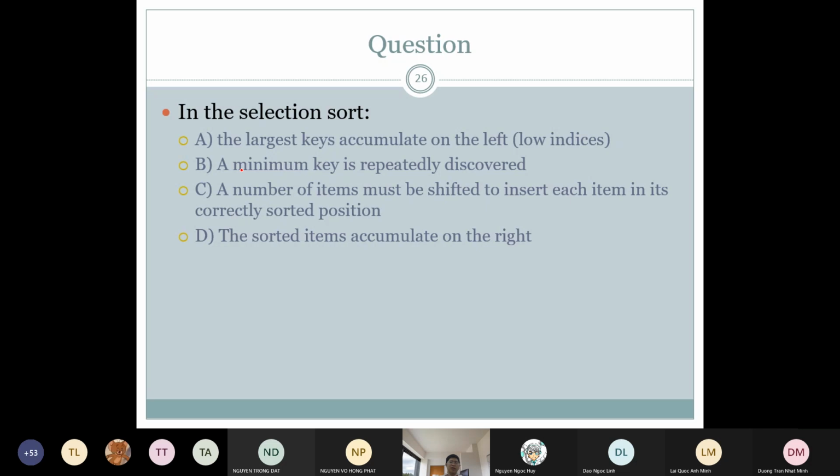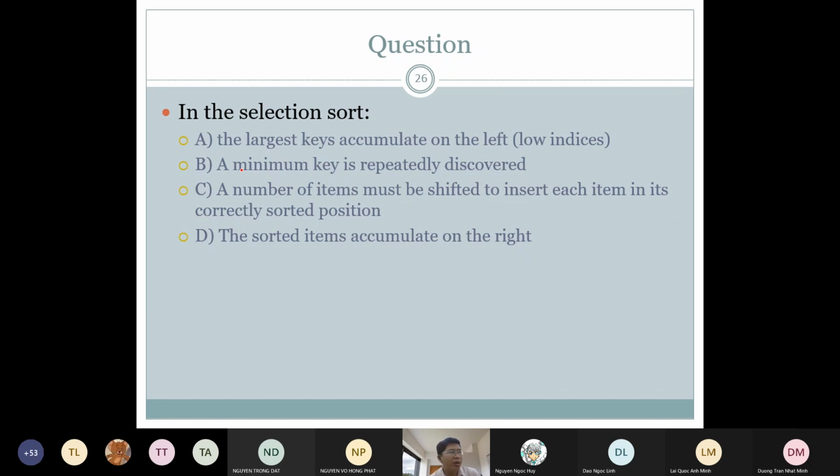The answer is, yeah, it's B. Okay, because the others are not correct in the way they organize the data. Okay, it's B. Is the minimum key repeatedly discovered? Okay, okay.